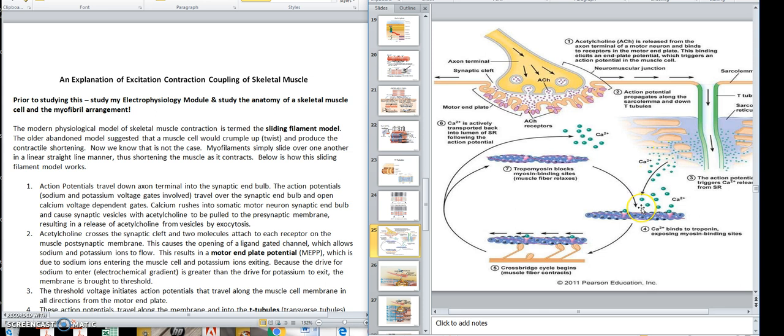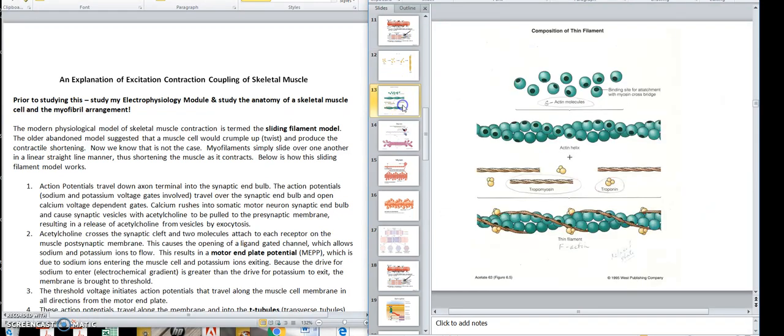When it hooks to troponin C, it will shift the troponin so that tropomyosin comes off the myosin binding sites on actin. Now, let me show you what I mean by that. I'm going to go back here. See, when we showed this, here was that tropomyosin.